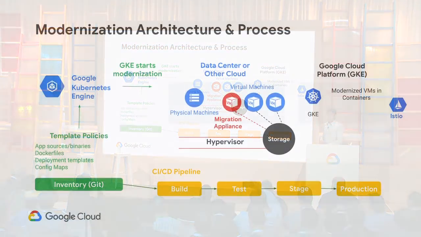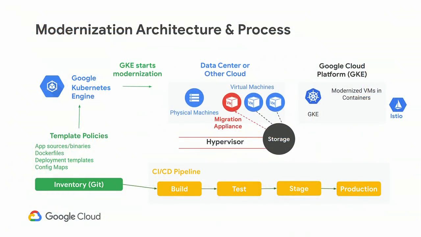A little bit about our process. This is my last slide. This is just so you understand what happens. The modernization starts from Kubernetes itself. From GKE, we actually decide to start the migration with a YAML file. Then our starting point is a data center where you have virtual machines running.